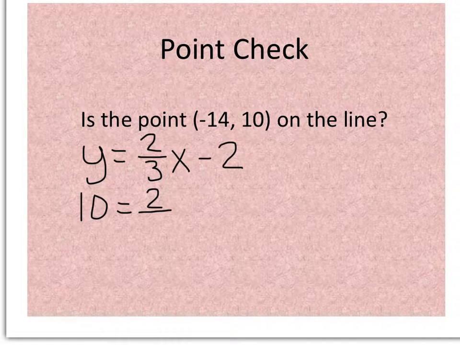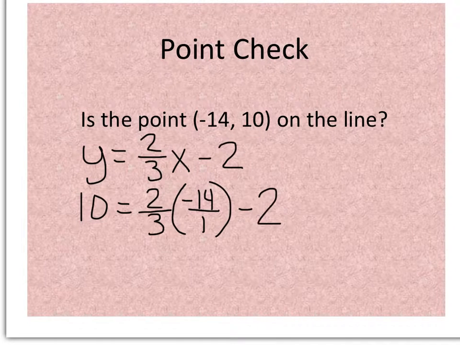We have 2/3 times negative 14 over 1, minus 2. So now if we do 2/3 times negative 14, we have to say 2 times negative 14. That would give us negative 28. And then 3 times 1 would give us 3.